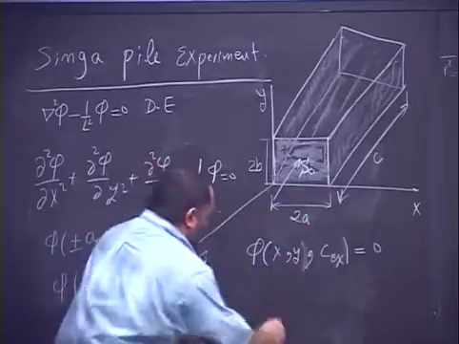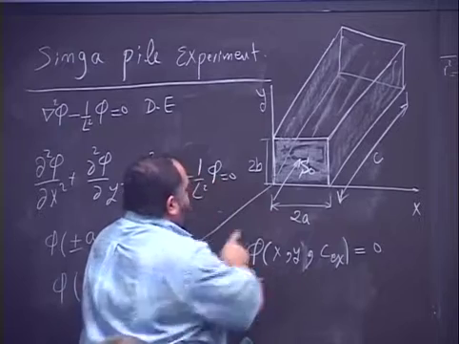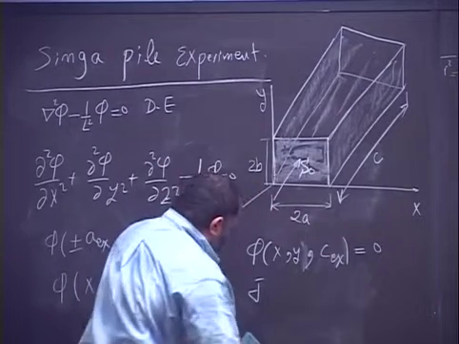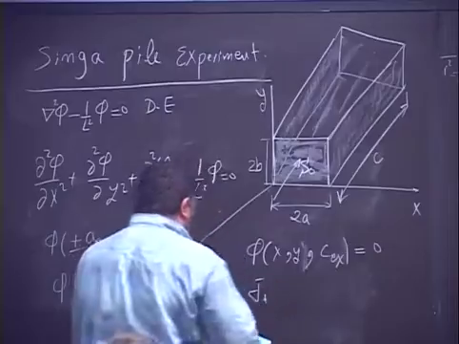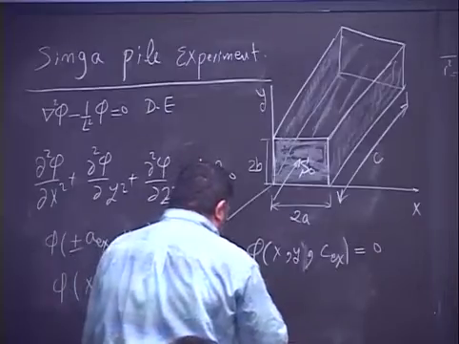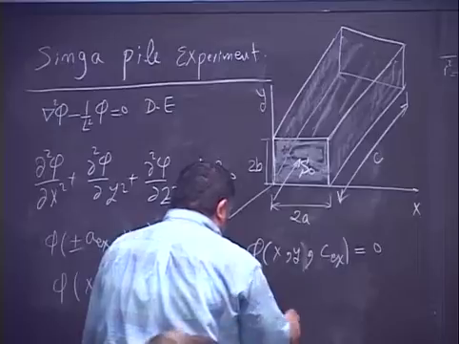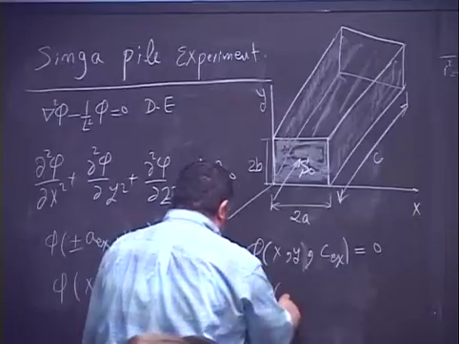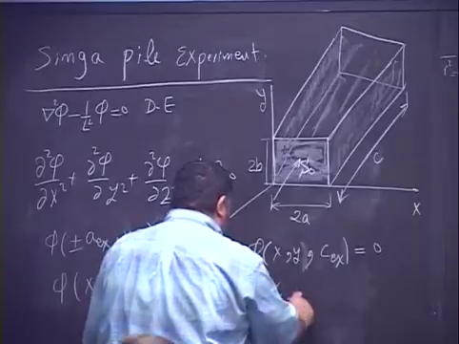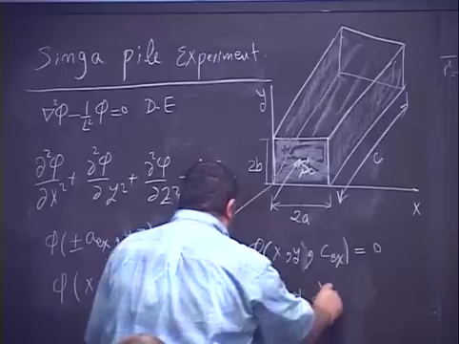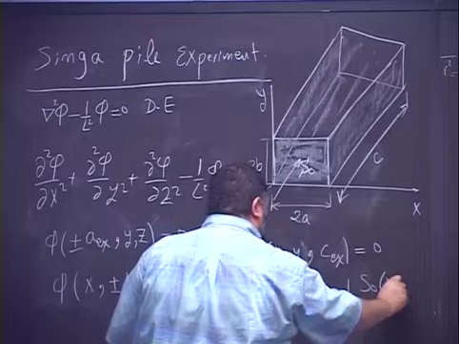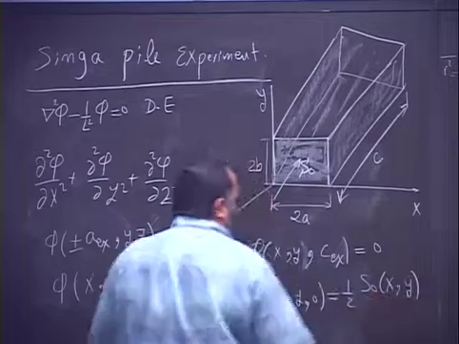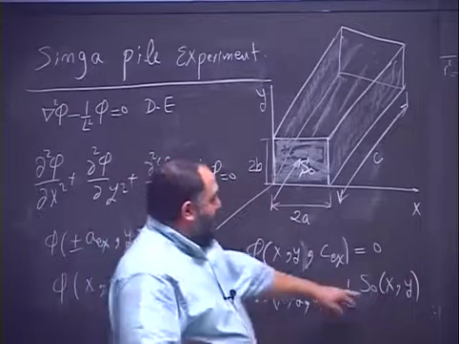What about this surface? So the current, but this current is going this way, so the current, let's say, positive current here at x and y and z equal to 0 is equal to half the source of x and y.